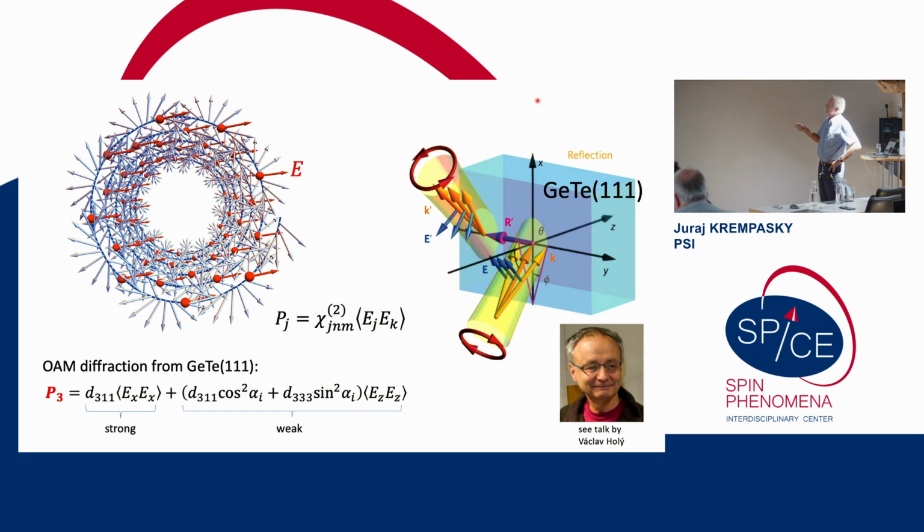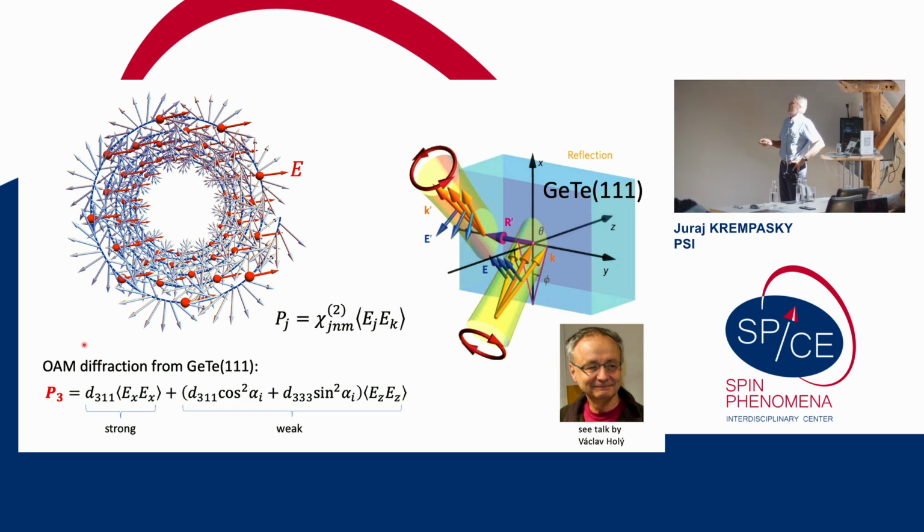Because if we now consider this medium, germanium telluride 111, this simple cartoon model actually has to be translated into the second order response in the polarization, where these E fields do not wash out, and this effective polarization we will consider in this experiment is composed of two elements.